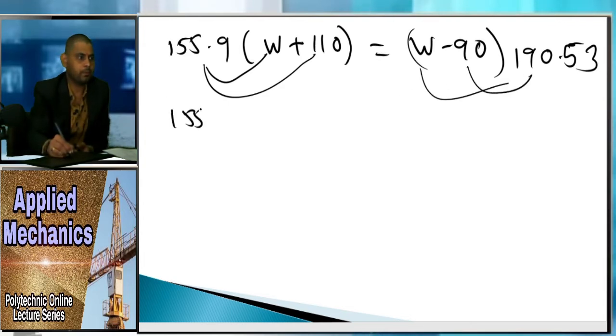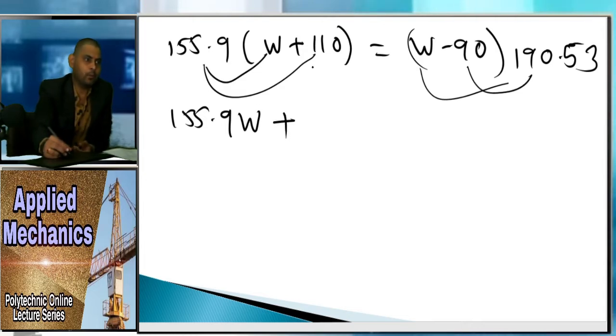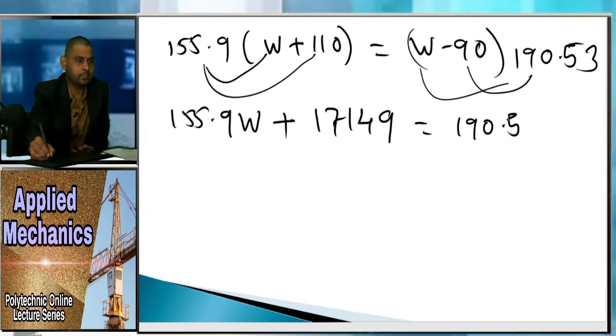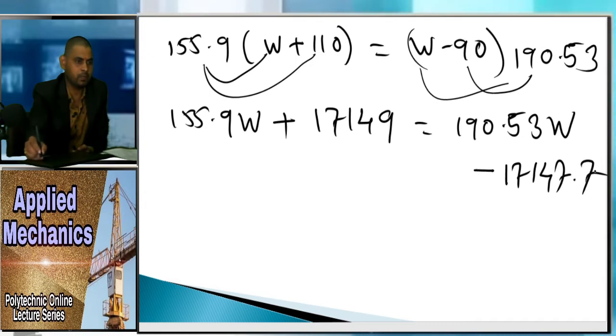So 155.9 W plus 155.9 multiplied by 110, that is 17149, is equal to 190.53 W minus 90 into 190.53, that is 17147.7, right?